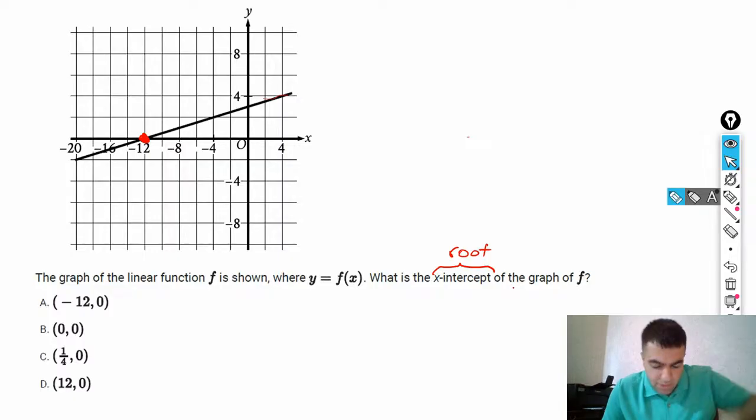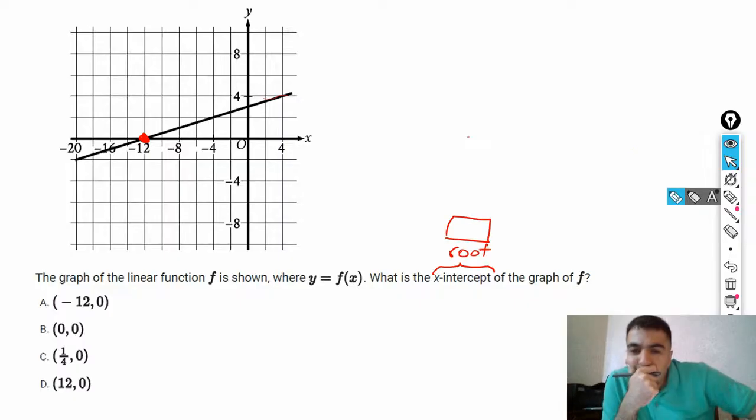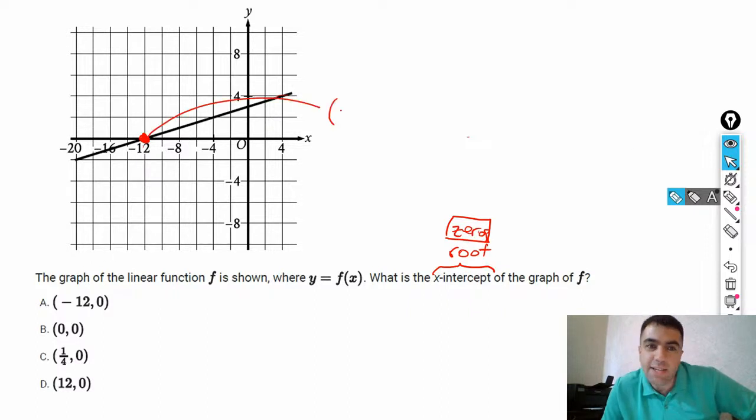Do you remember, Turan, what was the third name of this? Zeros. I remember. Right. Zeros. We see that its x point is negative 12 and y point is 0. So this is A.